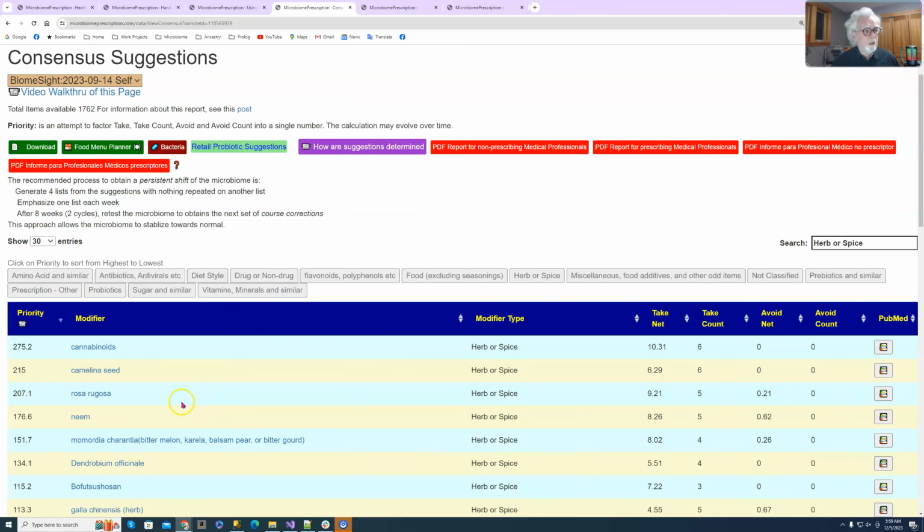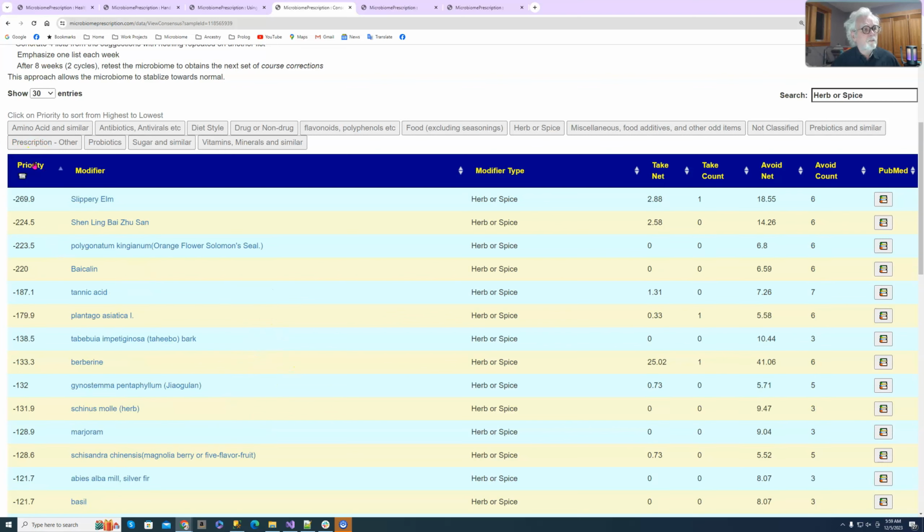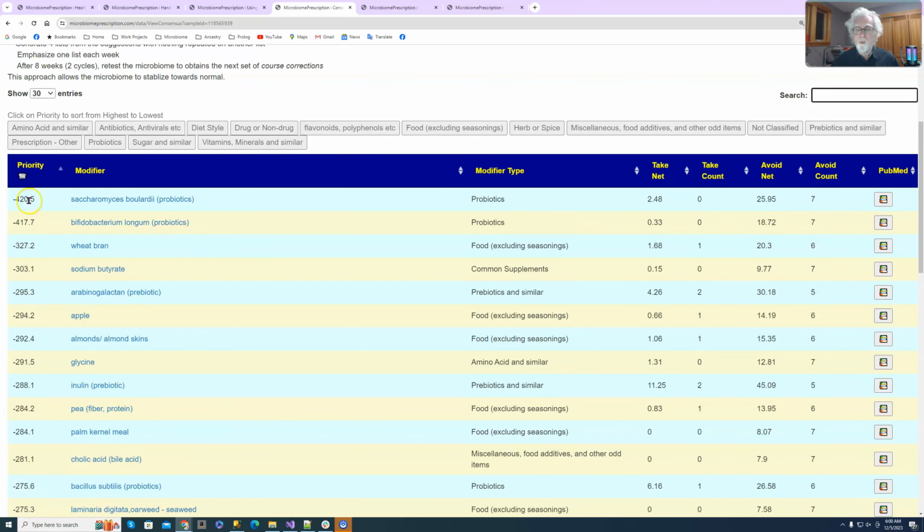Herbs and spices. Cannabis, number 1, and everything else is sort of below there. And then a bunch of things which are to be avoided. Again, 200 is where I usually do my cutoff point, or to be more correct, half of the highest value. The highest value is 420, so that's about 200.